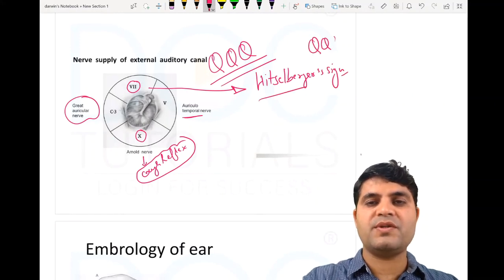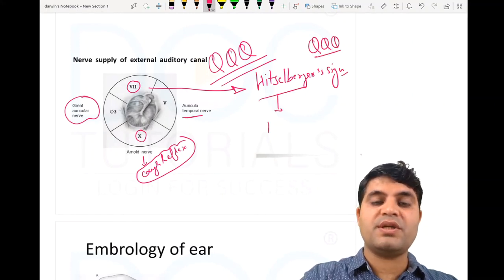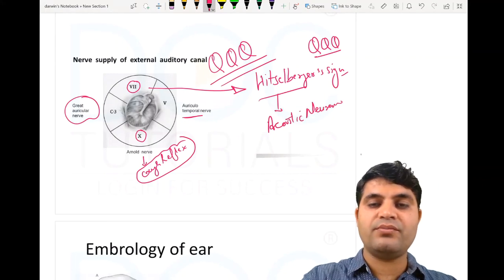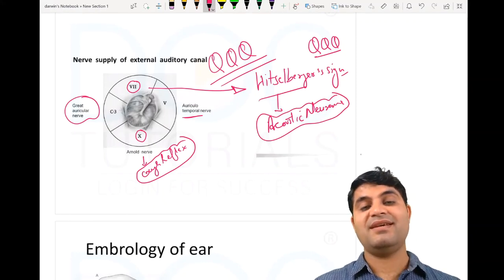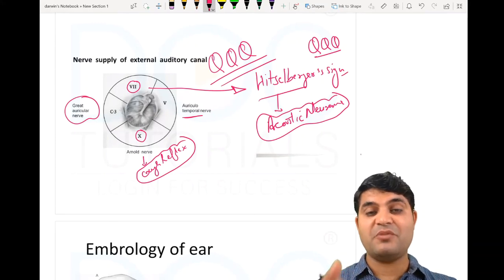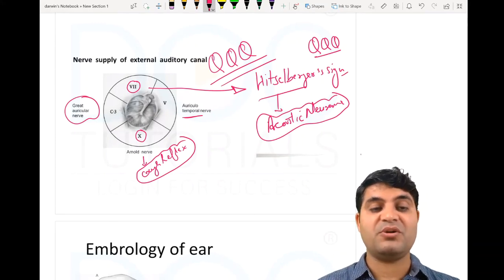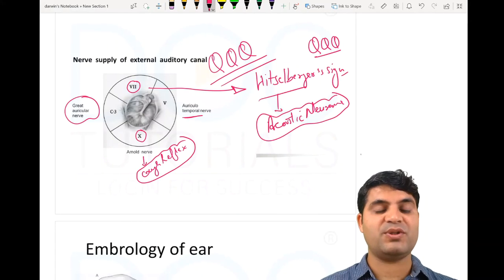Very important. So this is seen in which tumor? Acoustic neuroma. So I hope it is a sort of revision for you. Clear? Please don't expect me to go into details. My point is just to tell you what the important things or important questions are, so I expect these questions.